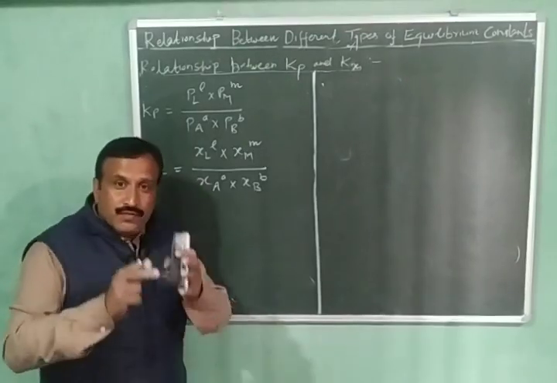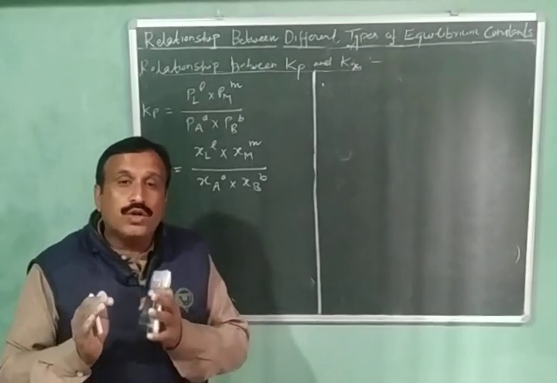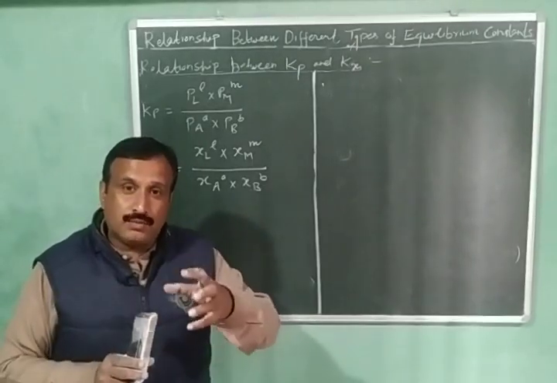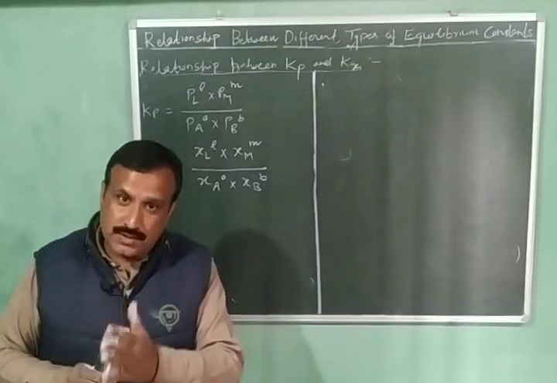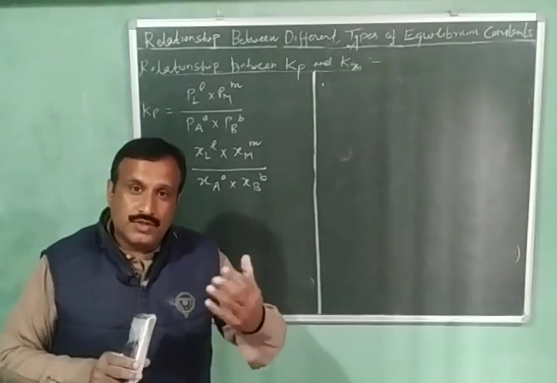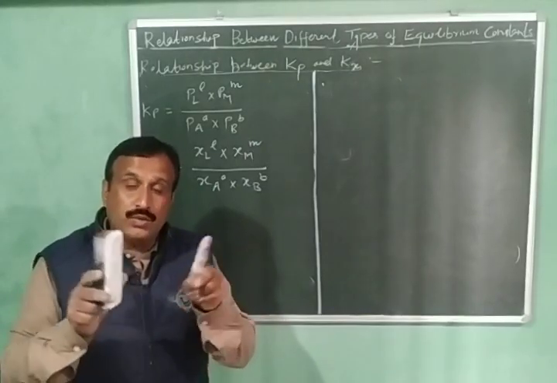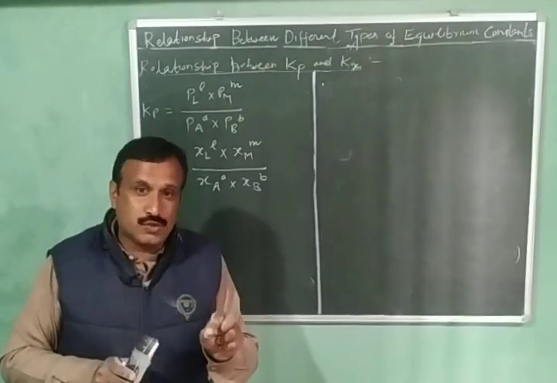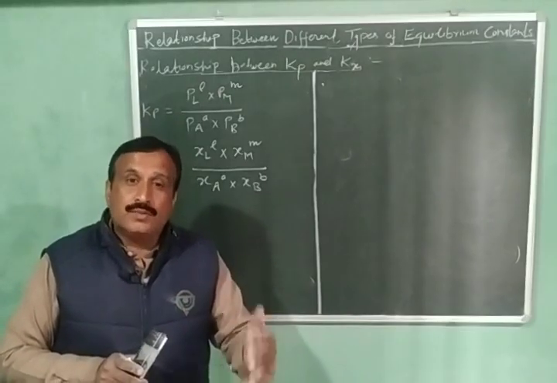Now if the total pressure of the reaction mixture is equal to P, here I am talking about the total pressure of the reactants and the products, because this reaction will take place in a closed container, because the equilibrium is always attained inside a closed container, and that reaction mixture will have some total pressure.